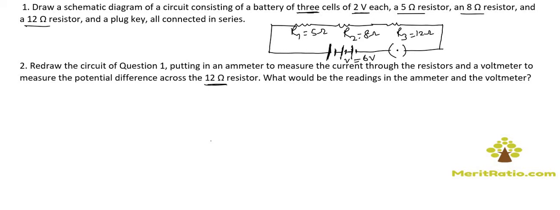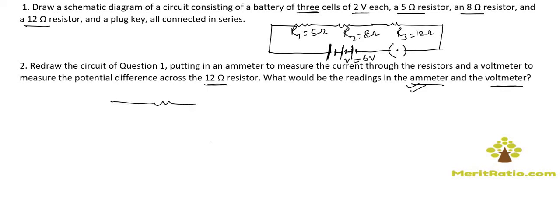What would be the reading in the ammeter and voltmeter? So we are required the total value of current which is present in the circuit and the value of V which is present across the 12 ohm resistor. So first of all we are required to just draw the diagram according to the given question.